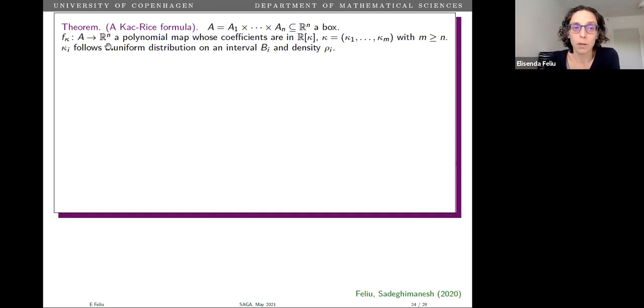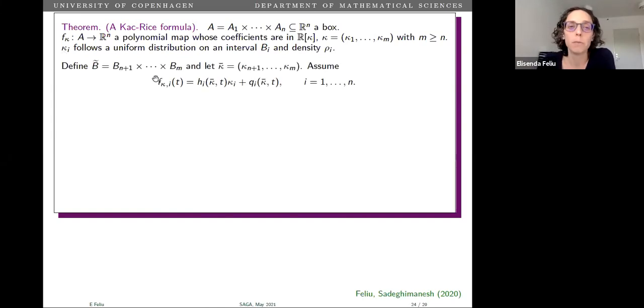The idea is that we consider a parametric polynomial map, as we had before. We have some parameters, and we think these parameters are equipped with a distribution, like the uniform distribution. And then what I'm interested in is finding the average number of positive solutions of this polynomial when these kappas follow this distribution, that is, the expected value of that in the box.